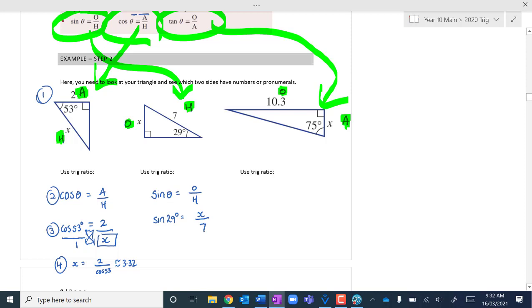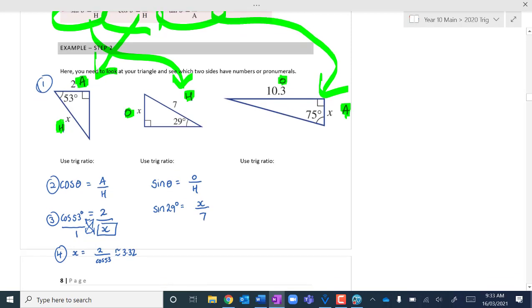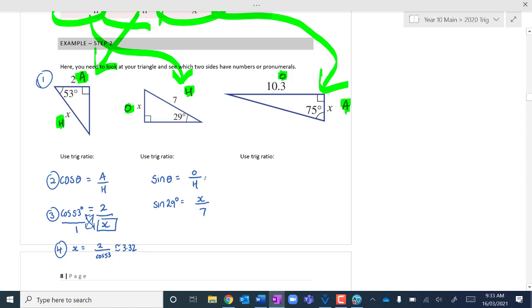Now, notice before we had the unknown as the denominator. See, the unknown was on the bottom. Over here, we've got the unknown on the top, which means that, does this x need to move anywhere? No, but what does need to move? Because we don't want x divided by 7. What are we going to do to both sides?